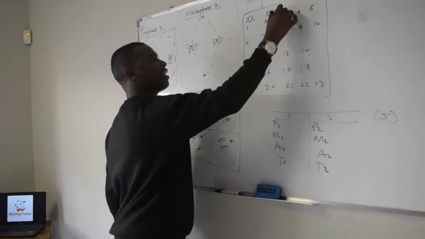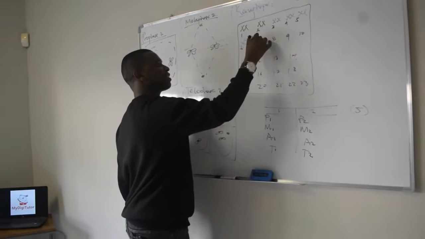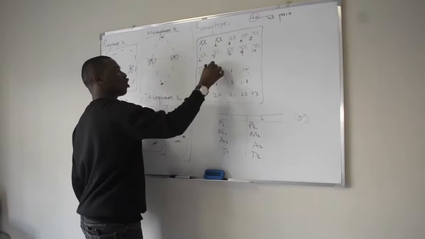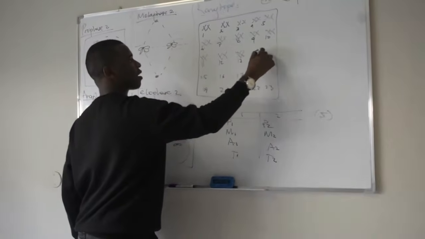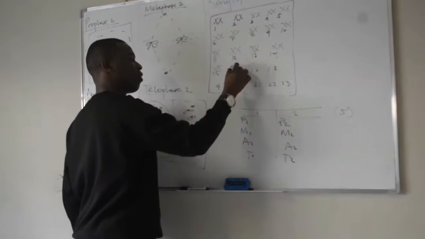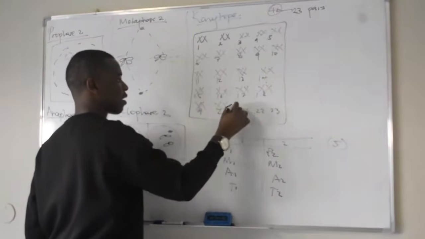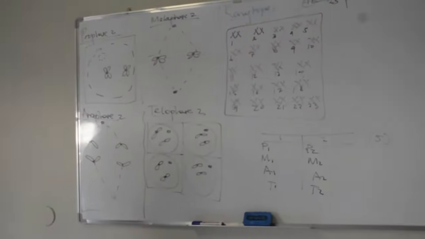And then I say XX, XX, XX, XX. So these are your chromosomes going in pairs, of which there is normal.